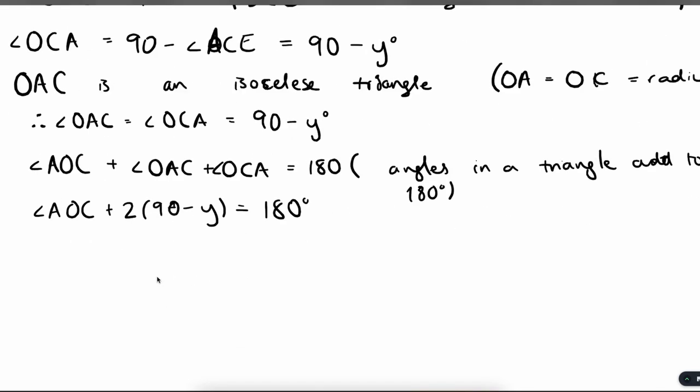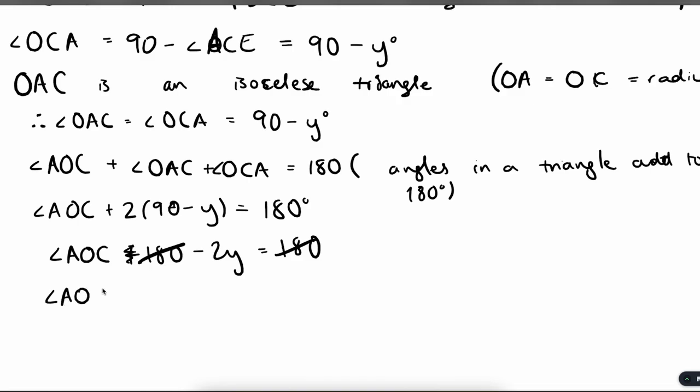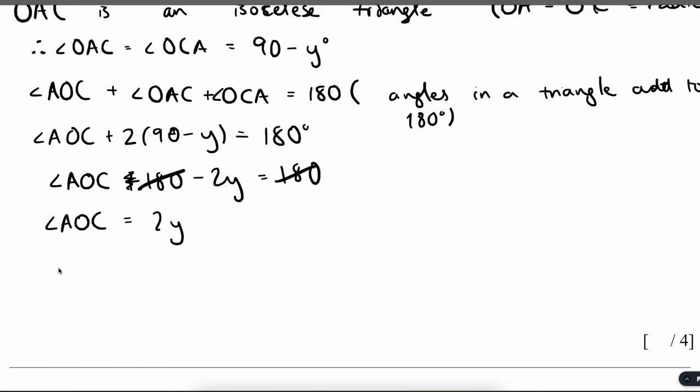So we can rearrange that: AOC plus 180 minus 2y equals 180. Those cancel out, so we know angle AOC equals 2y.